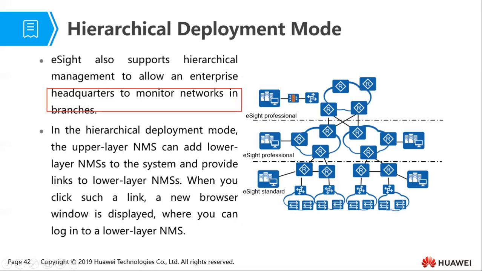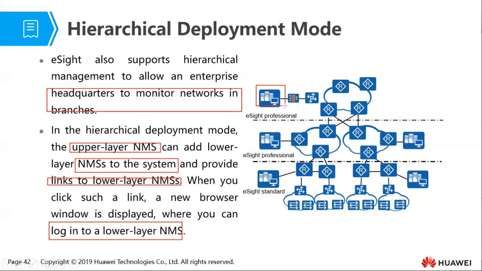So in the hierarchical deployment mode, the upper layer network management system can add lower layer network management systems, and it can provide links to lower layer NMSs. So when you click such a link, a new browser window is displayed where you can log in to a lower layer NMS. So you see, we have branches and we have the headquarters here.